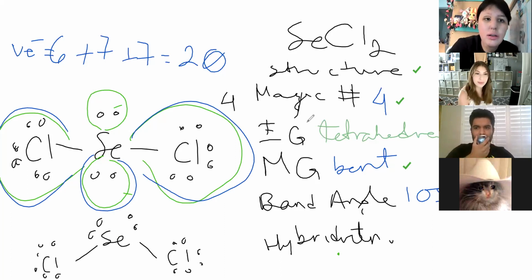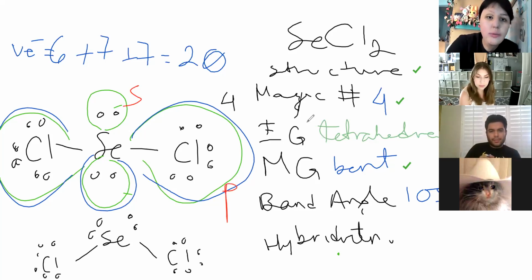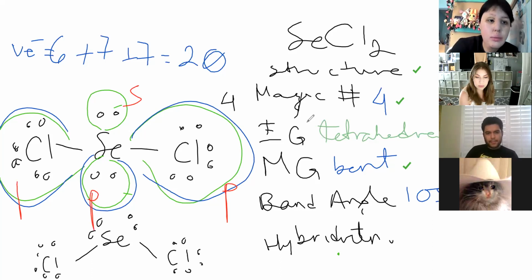Right, so you got S, P, P, and P. I think that was Andrea's way, if I remember correctly. Or you can do Brooke's way as well.